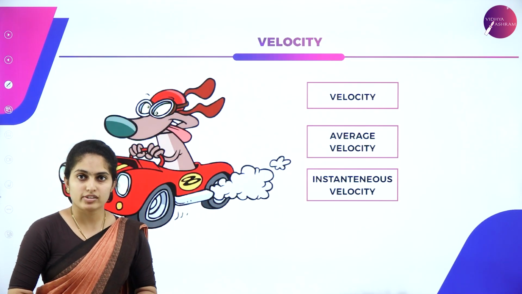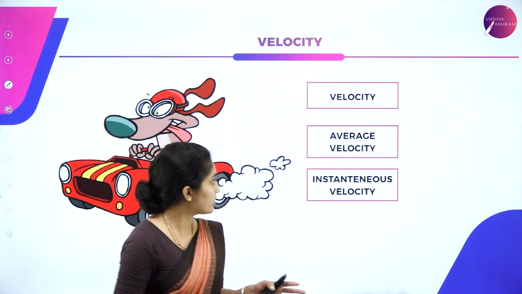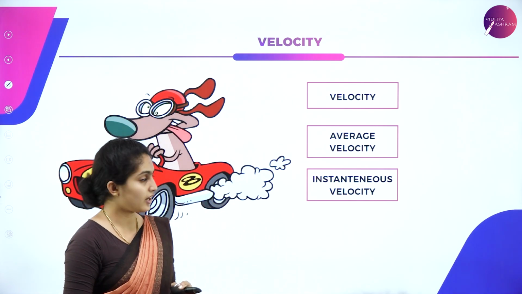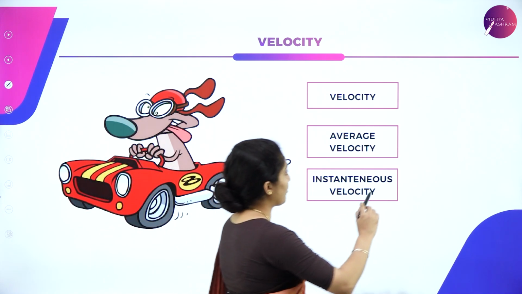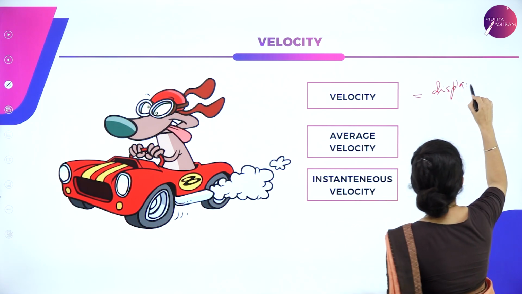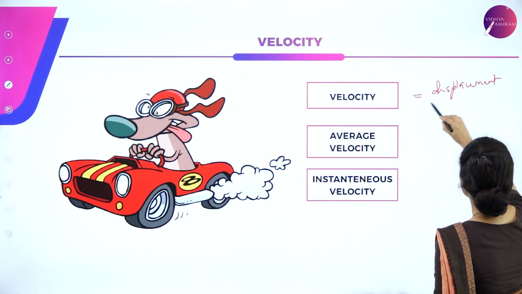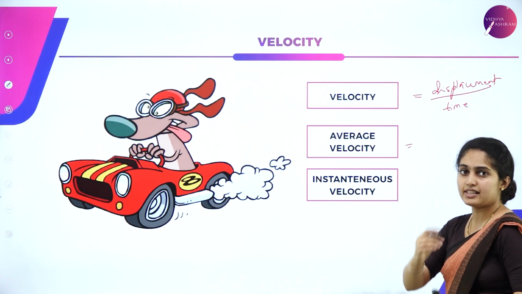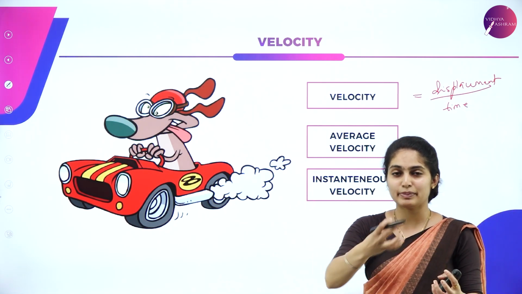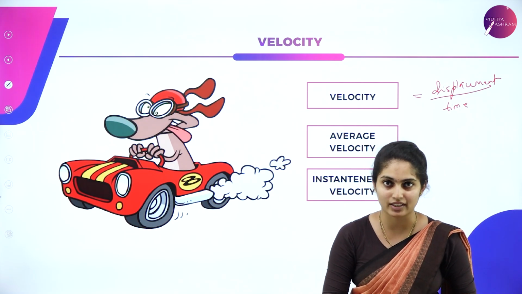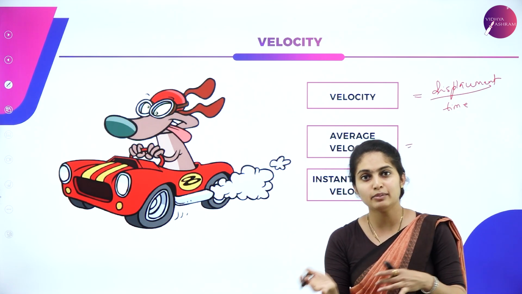Next we have velocity. Under velocity, we have average velocity, instantaneous velocity, and so on. Velocity is nothing but, as we have studied, displacement by time taken. Average velocity is the total displacement divided by the total time taken, final minus initial.